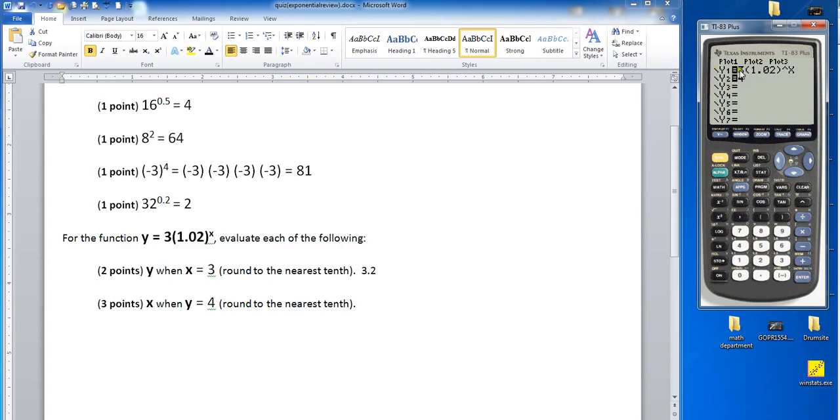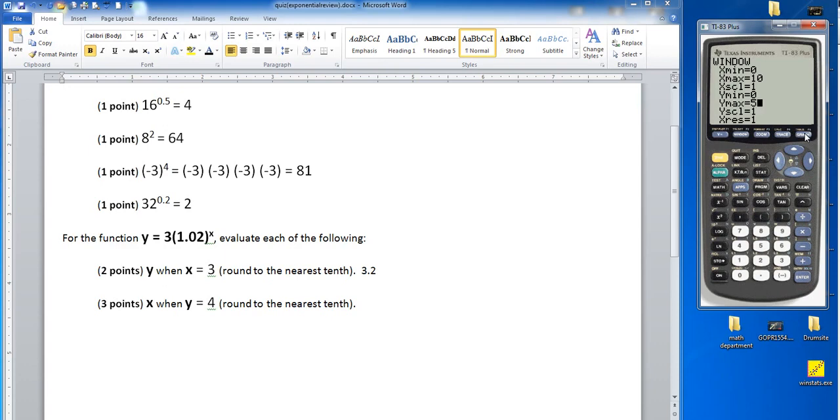This thing starts at 3 and goes up, and this starts at 4 and stays at 4. So I'm going to change my window from 0 to 10, and for y, we might as well start at 0 and go to 5, because we only need 4.